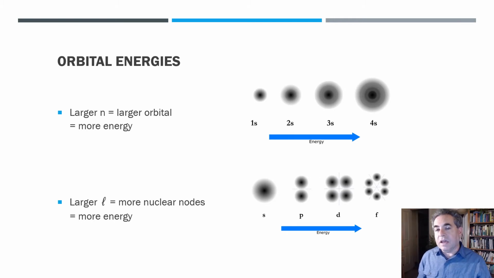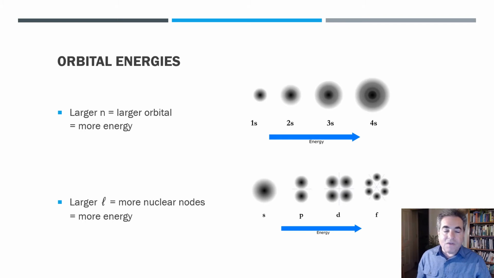If you pull the electron far away from the nucleus, you're putting some work in, so that's going to make the energy go up. So a bigger orbital will have higher energy. And you can see that trend here. If you go from a 1s to a 2s to a 3s to a 4s, they're bigger and bigger orbitals, so you're going to have higher and higher energies.